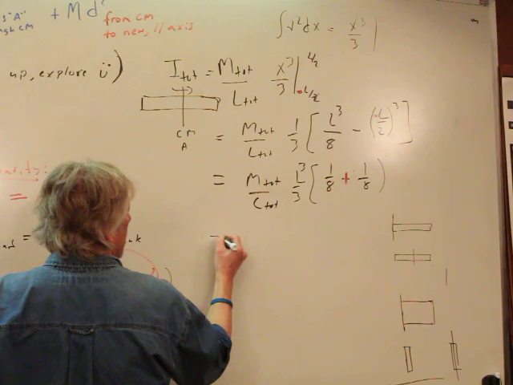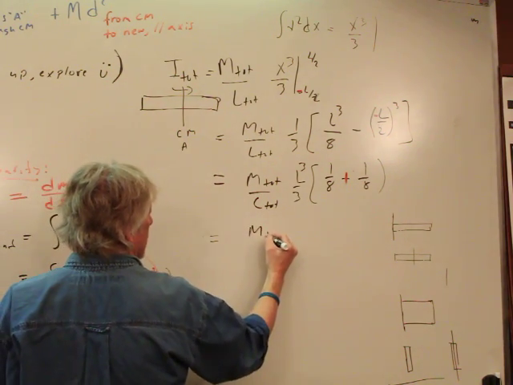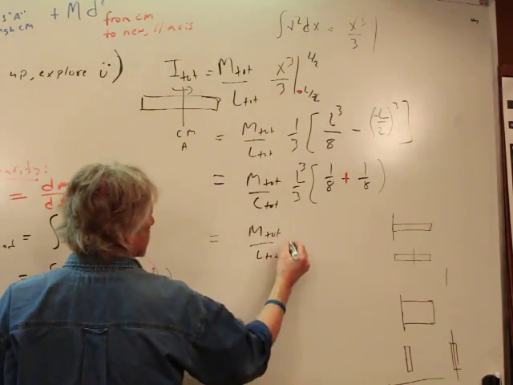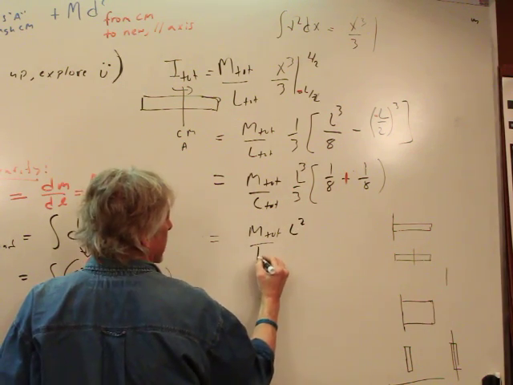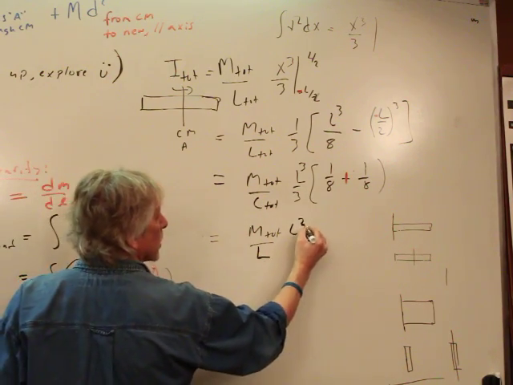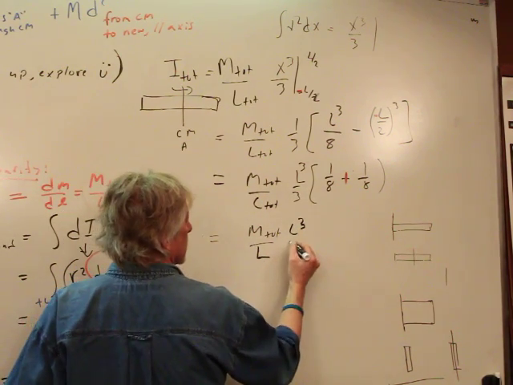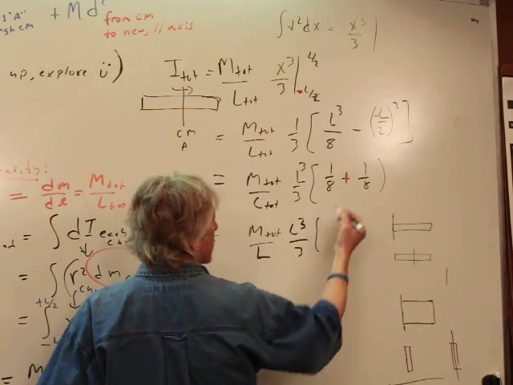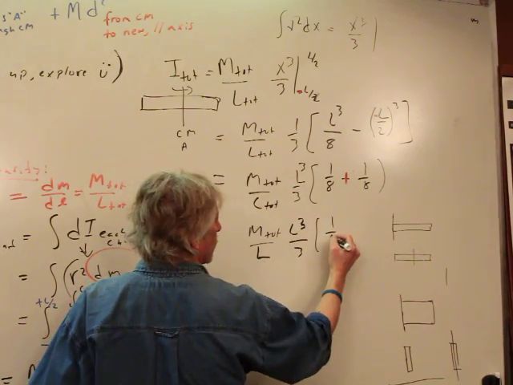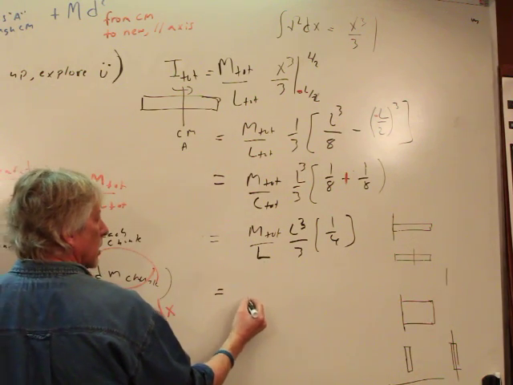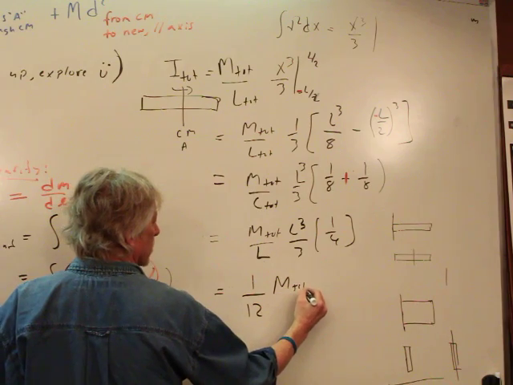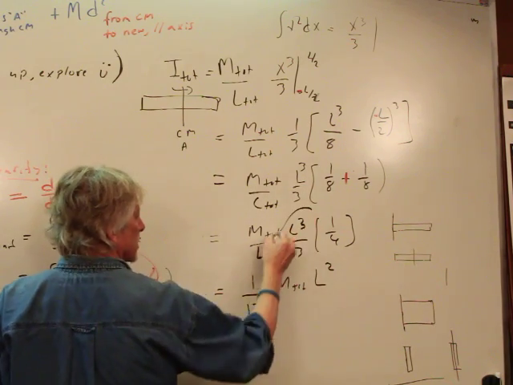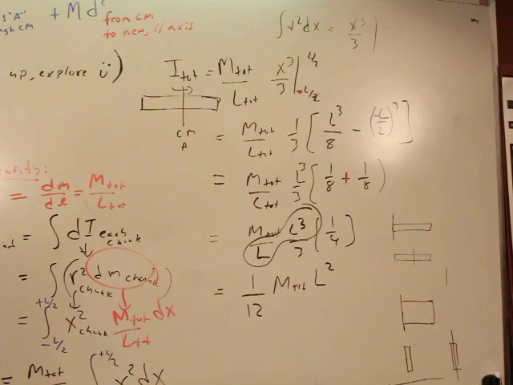So, good for you to have little puzzles that you can solve. M total over L total, times L, well, I don't need the total anymore, that's what L means, L cubed over 3, times that plus that, 2/8, 1/4. Wait, that's looking like 1/12 M total L squared, because that's L squared. Cool. It has the right units, right? That's another way to check.